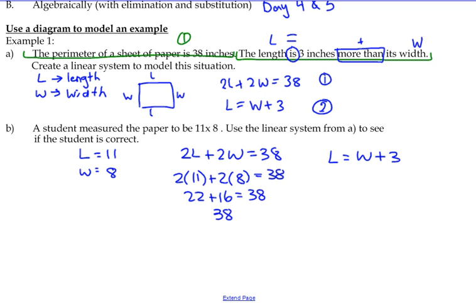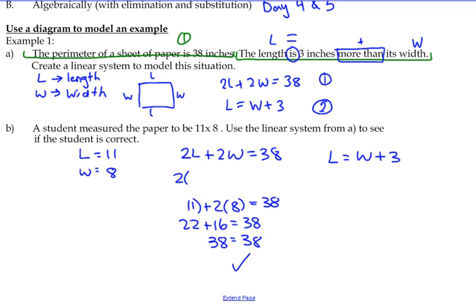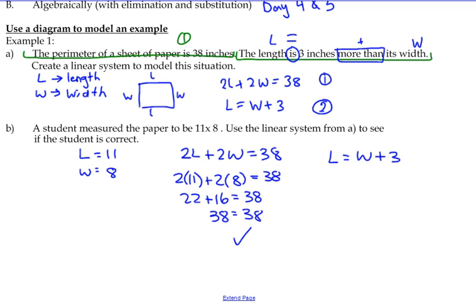So 38 equals 38. That's true. Left side equals right side. You can either write a check mark or "left side equals right side." Either or. We have to check it in both equations for it to be a solution, right?